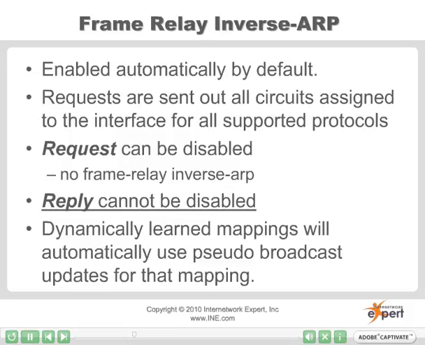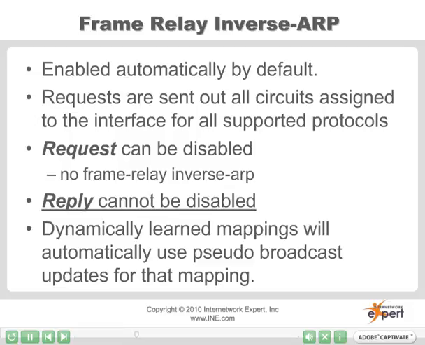Any mappings that we do learn, let's say we have inverse ARP enabled, are going to show up in a show frame relay map command as dynamic as their source, and they will also show the keyword broadcast. Now the broadcast, all that means is that if this router has a broadcast or multicast packet, like a routing update that it wants to send, it will take a look at that mapping and say, oh, broadcast for that peer.